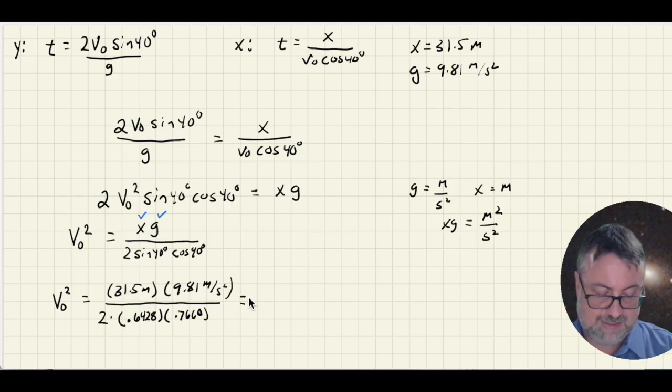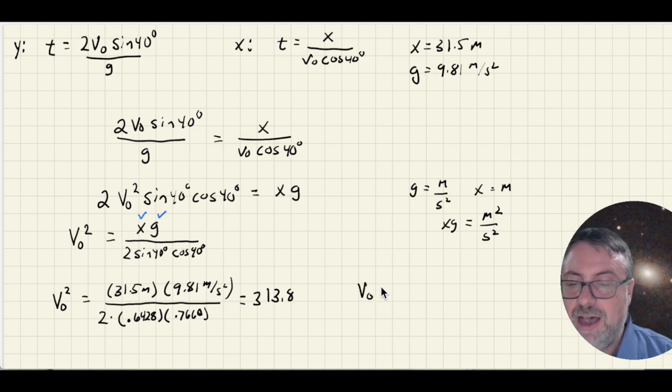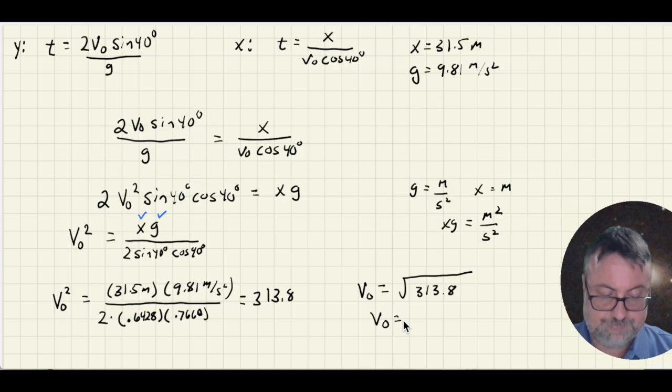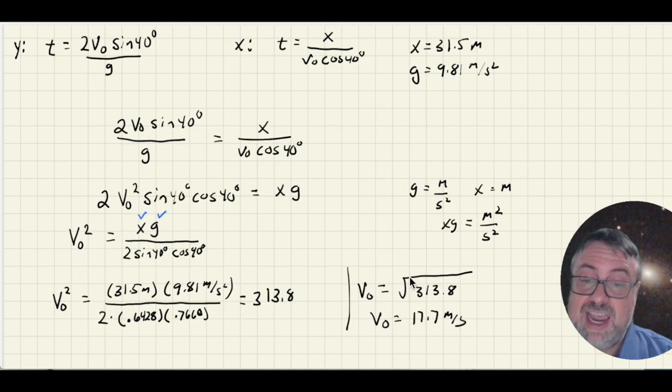Divide by 0.6428. Divide by 0.766. I get, this is equal to 313.8. That means that v naught will be equal to the square root of 313.8, or v naught will be equal to 17.7 meters per second, and we are done.